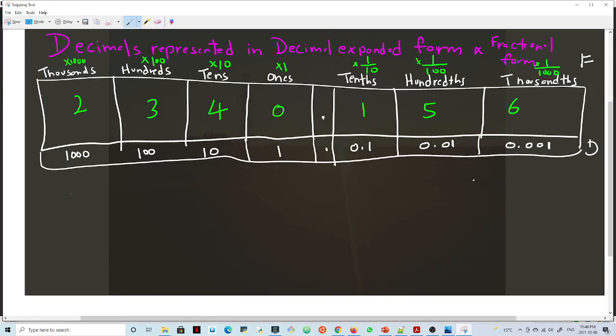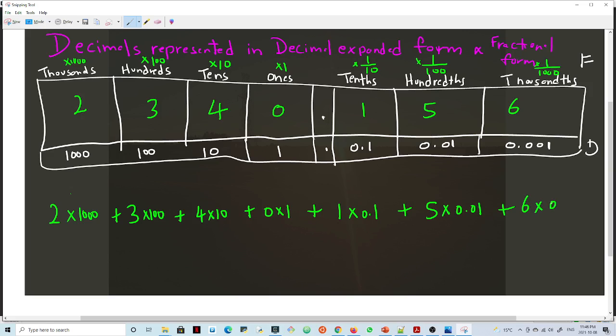Okay, so in the decimal format here, what do we have? We have 2 times 1,000 plus 3 times 100 plus 4 times 10 plus 0 times 1 plus 1 times 0.1 plus 5 times 0.01 plus 6 times 0.001.